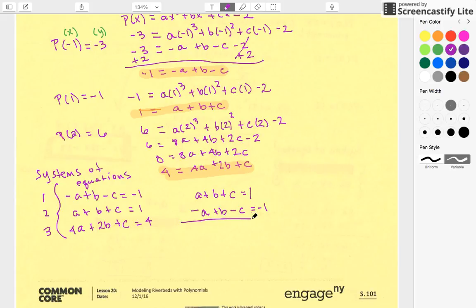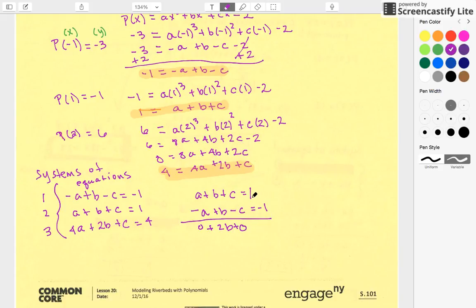Luckily, this a already has a negative sign, so we can do a minus a, which gives you 0. b plus b gives you 2, so we get plus 2b. And then c minus c is 0.